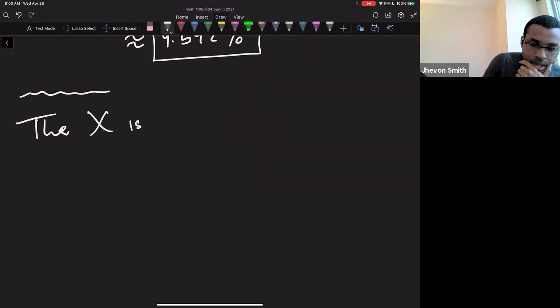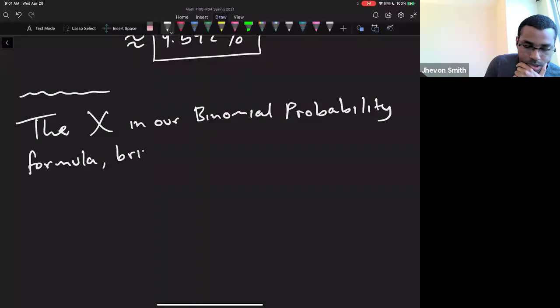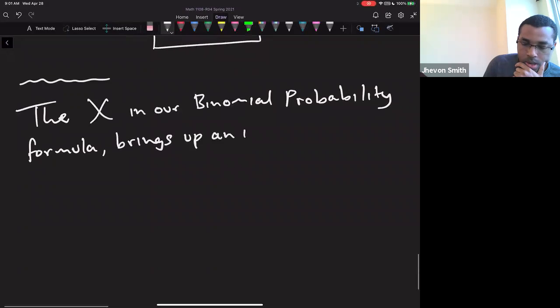The x in our binomial formula brings up an important notion.